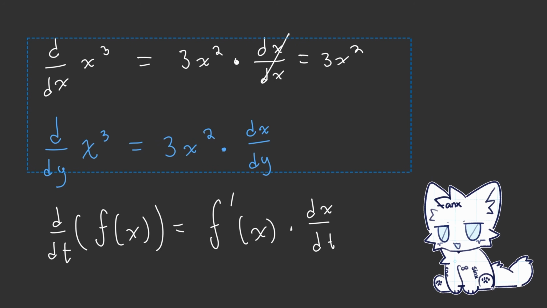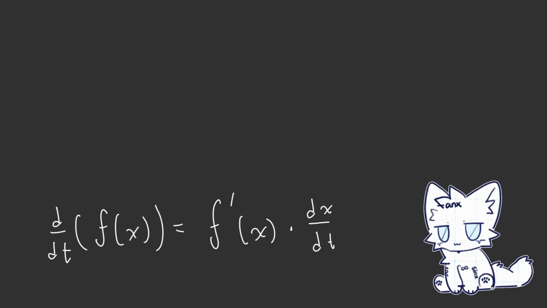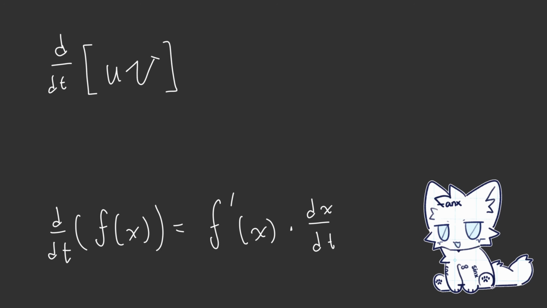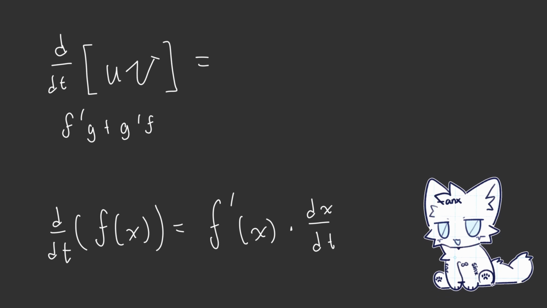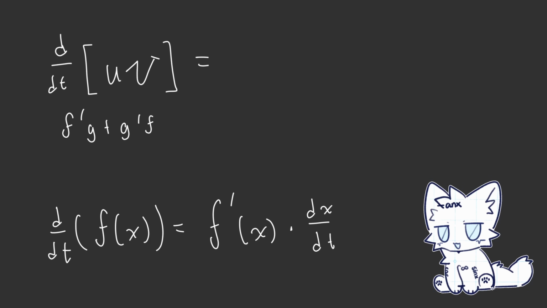Just as a quick reminder, let's say you have d dt of a product of u and v. Do you remember the product rule? That would be f prime times g plus g prime times f. So let's define f.